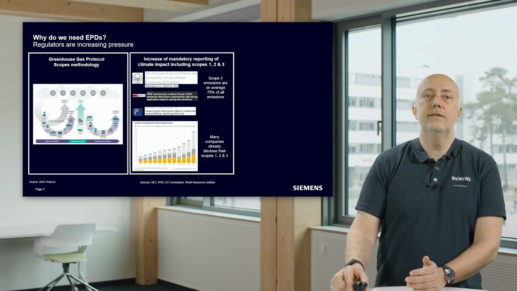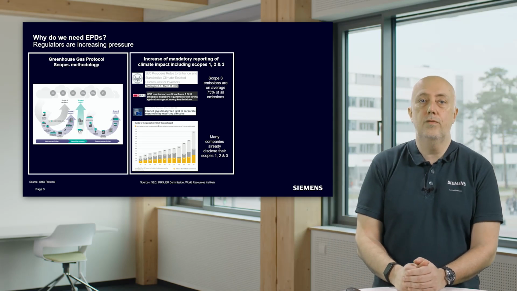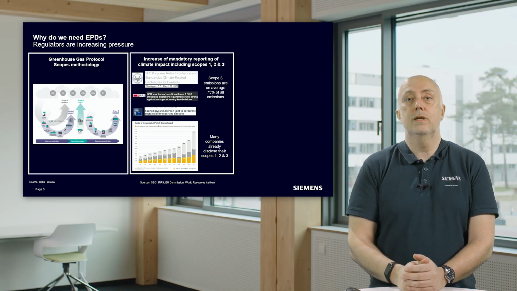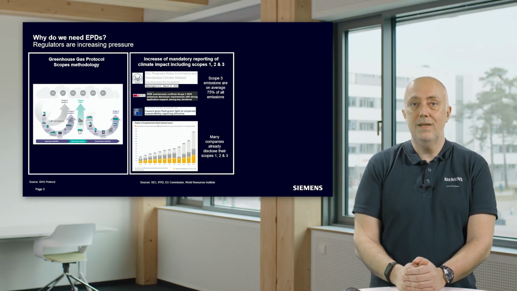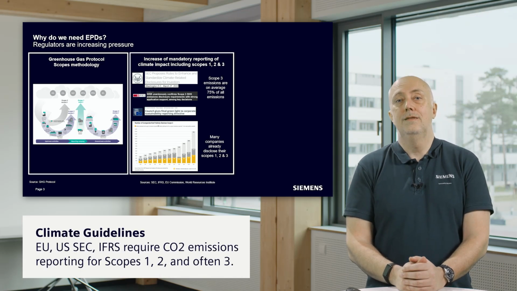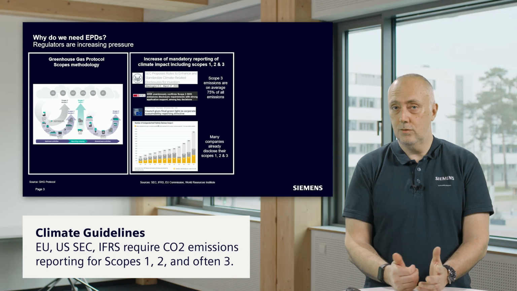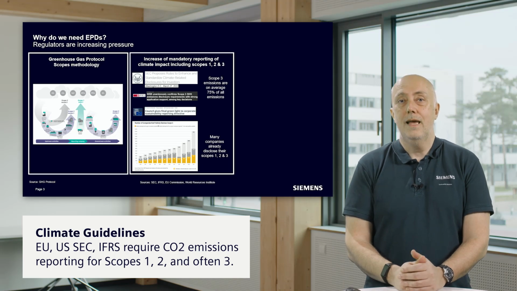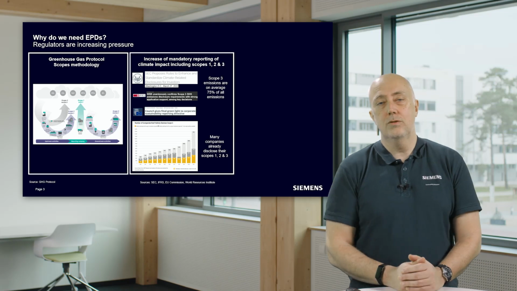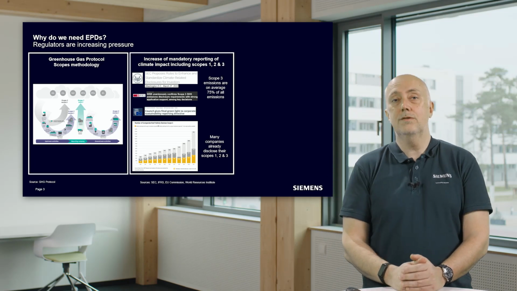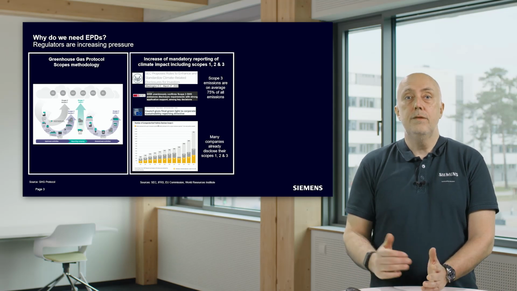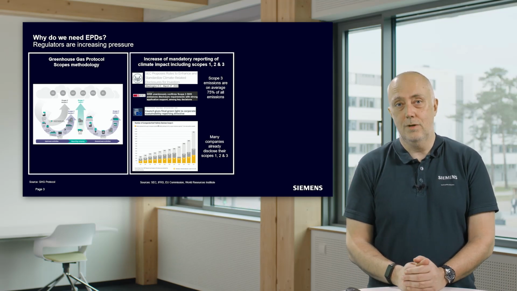Now, let's see an important aspect of why EPDs are becoming more and more important. Here, as you can see, we have draft climate disclosure guidelines from the EU Commission, the SEC in the US, so the Securities and Exchange Commission, and the accounting system IFRS, which will all make mandatory for corporations the reporting of CO2e emissions for scopes 1 and 2, and in many cases for scope 3 as well.